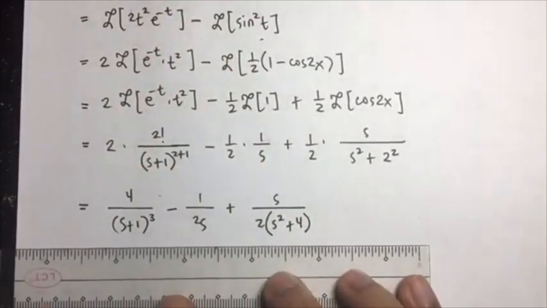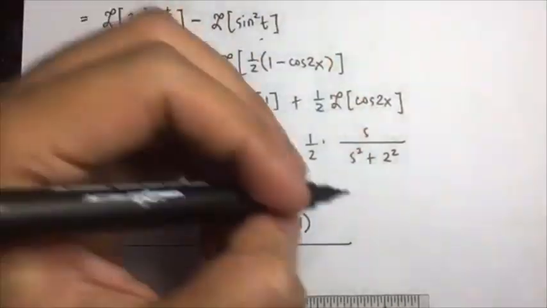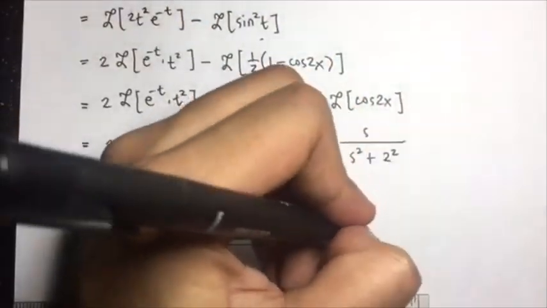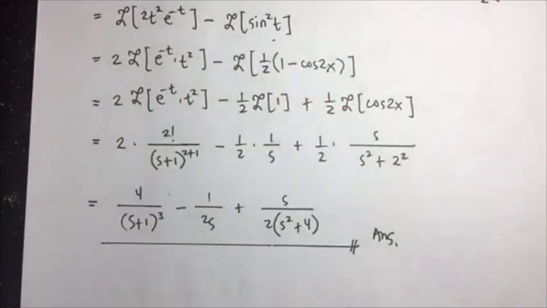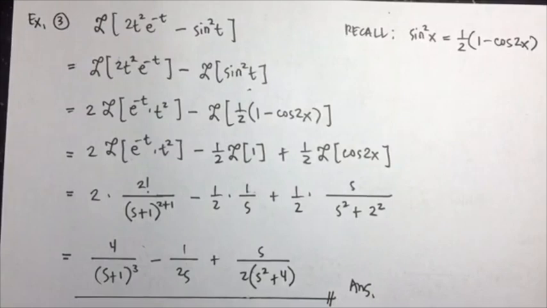So this is now our Laplace transform. If you want to combine it into a similar term, that's okay, but this is already a sufficient form of the final answer. Okay, so that's it.